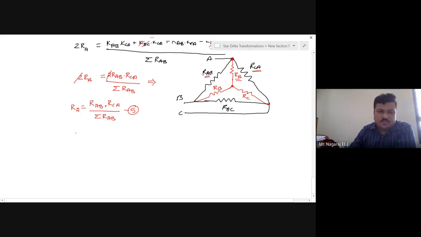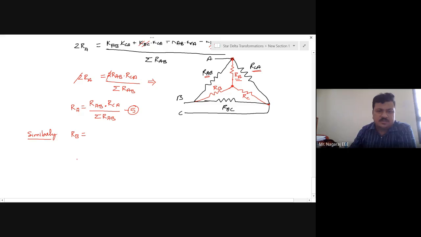Now similarly, if I want to find what RB equals to, similarly, what is RB equals to? Can anybody mention what RB equals to with this logic? RA is nothing but the product of two resistors connected to terminal A in delta, that is RAB into RCA, divided by the sum of all the delta connected resistors.